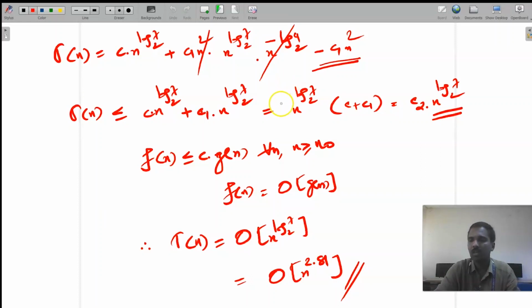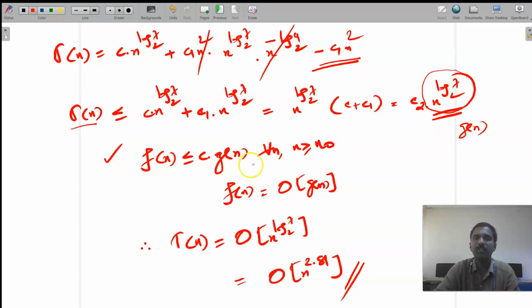The solution is in the form of f of n is less than or equal to c into g of n for all n greater than or equal to n0. Now f of n is similar to t of n. T of n is less than or equal to some constant into n power log 7 base 2. This is taken as g of n.